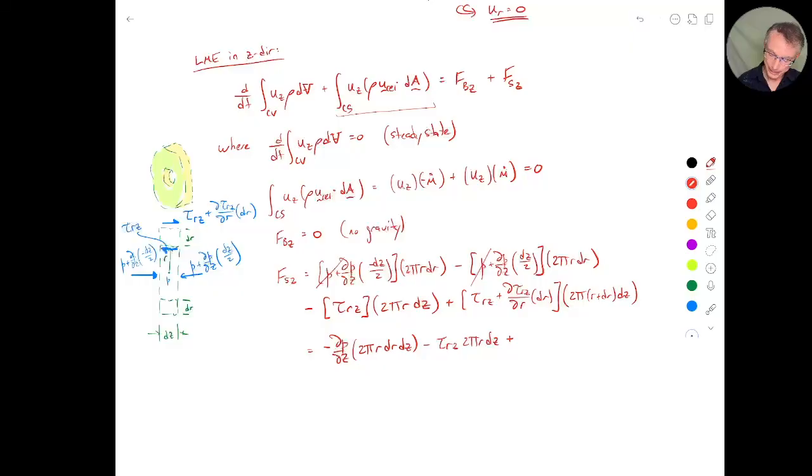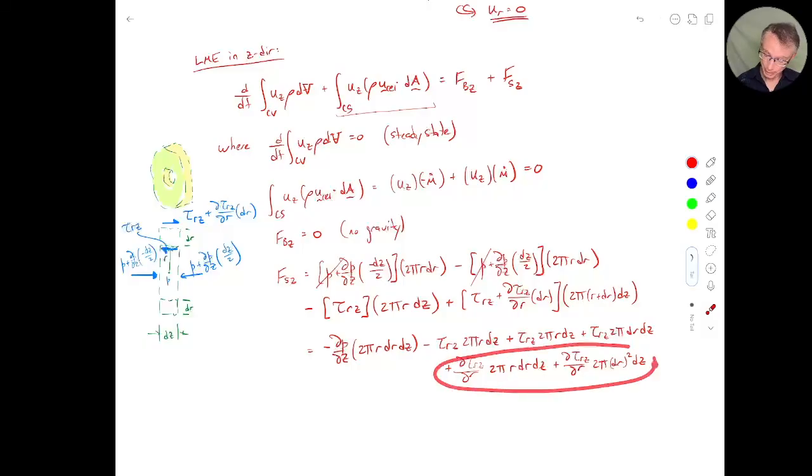And we'll have tau rz times 2 pi r dz plus tau rz 2 pi dr dz plus d tau rz dr times 2 pi r dr dz plus d tau rz dr times 2 pi dr squared dz. This whole expression is just expanding out that term.